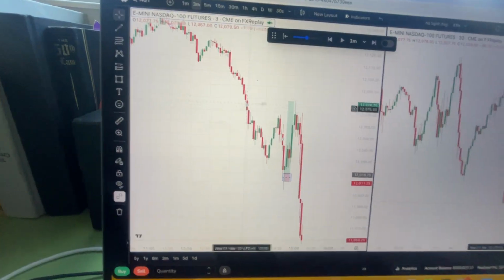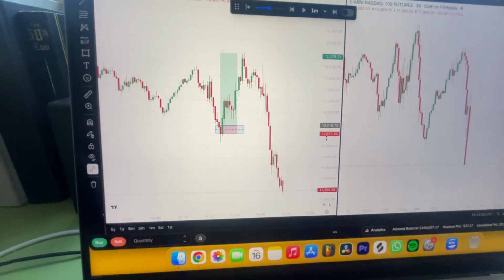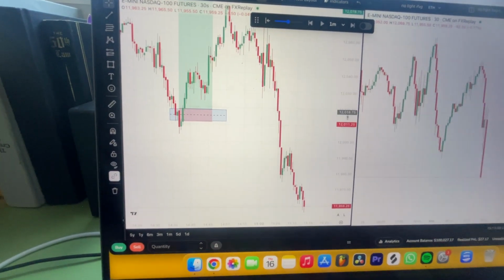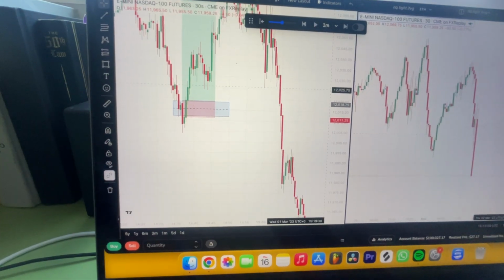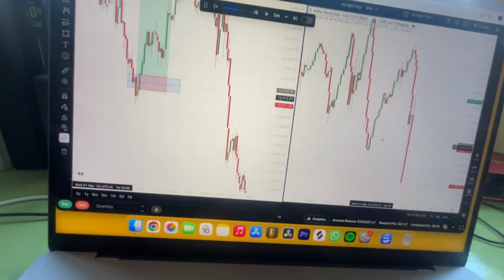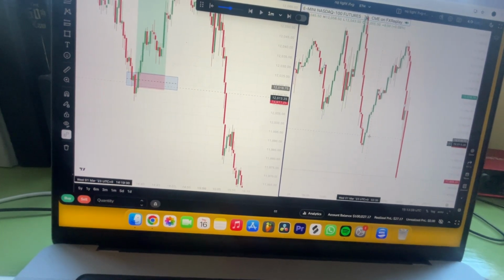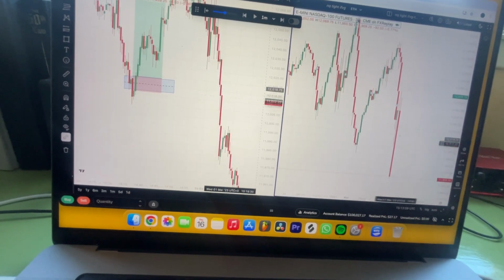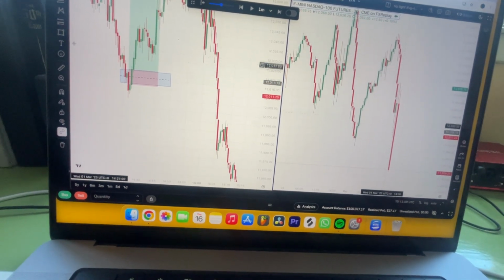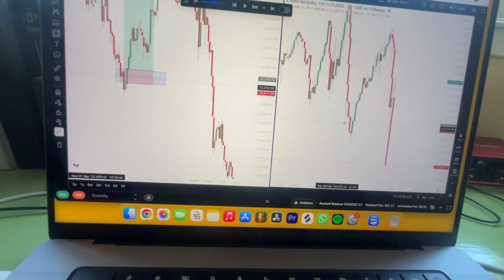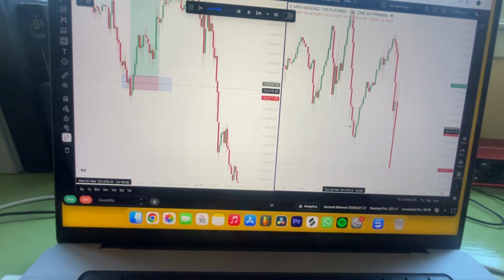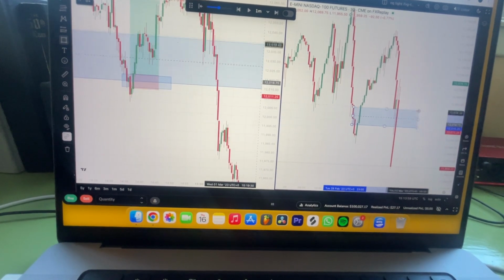So the first entry, I'm just going to show this quickly, this was a 30-second trade. I still need to define the rules of what dictates liquidity, and I think that's going to come in time. But to start with, I wanted to see what's going to be the most profitable way to take entries.